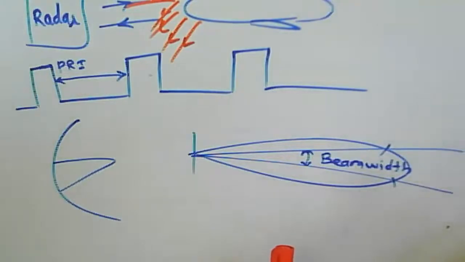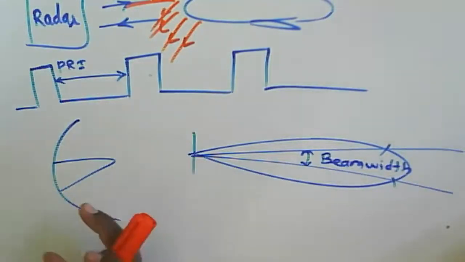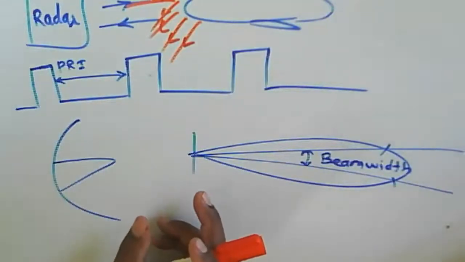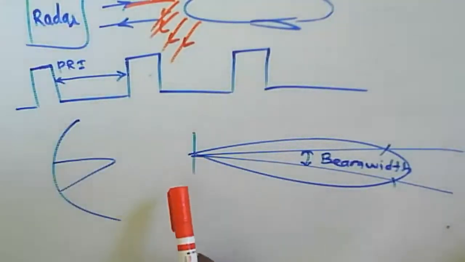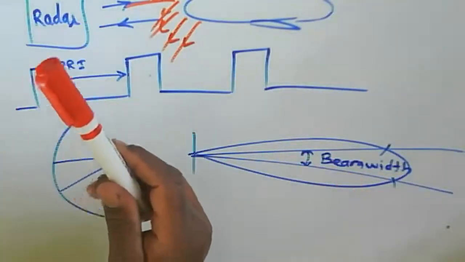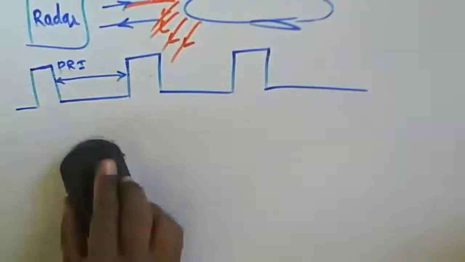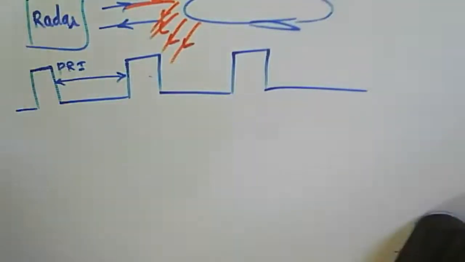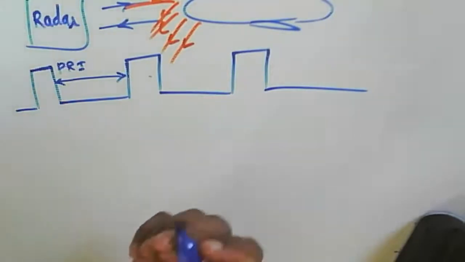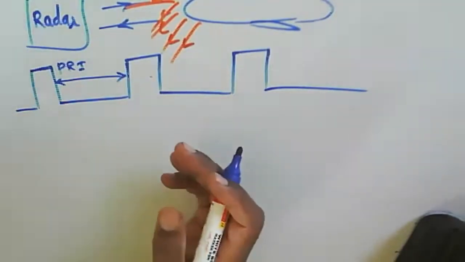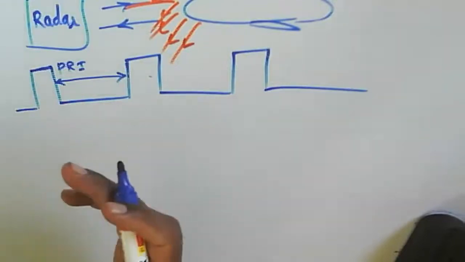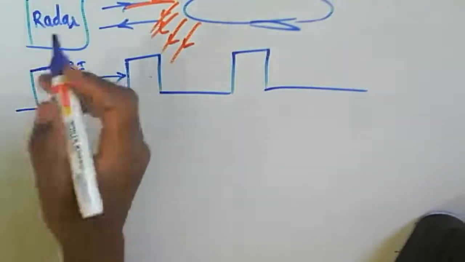So we need to know, for a given radar, what the antenna beam width is and what the scan rate is. Scan rate means what? It is just like rotating your antenna. So we need to find out the scan rate of the antenna. Generally we send a number of pulses but receive fewer pulses at the receiver.